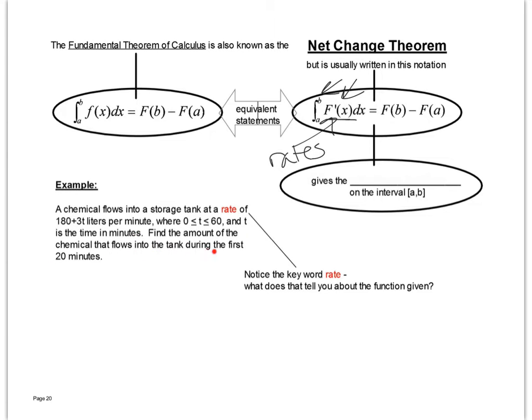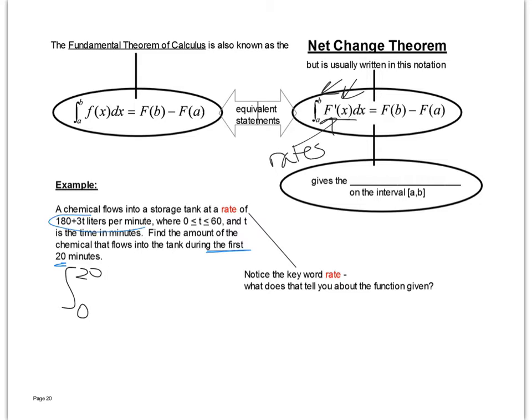Find the amount of chemical that flows into the tank during the first 20 minutes. That is talking about finding an antiderivative, a definite integral at that. So I'm going to go from 0 to 20 because it says that I'm going to do it for the first 20 minutes, from 0 minutes to 20 minutes. I don't care about all 60, I only care about the first 20.